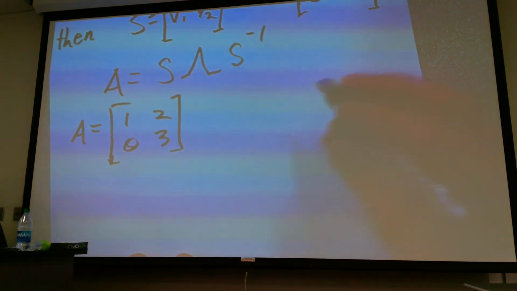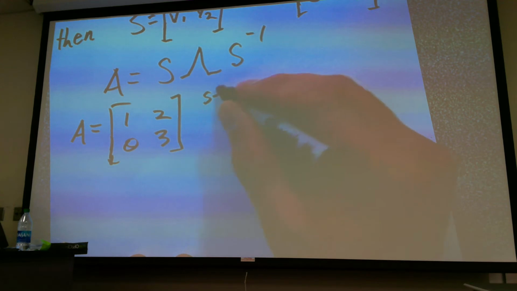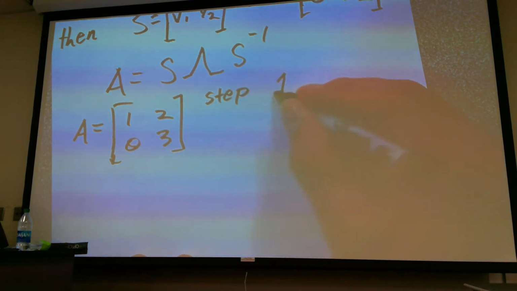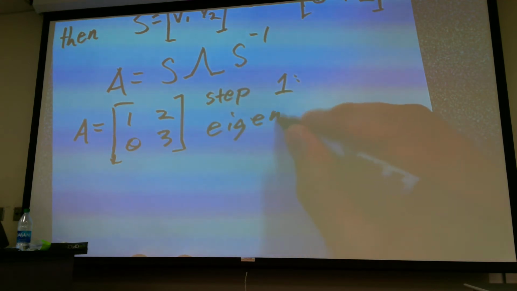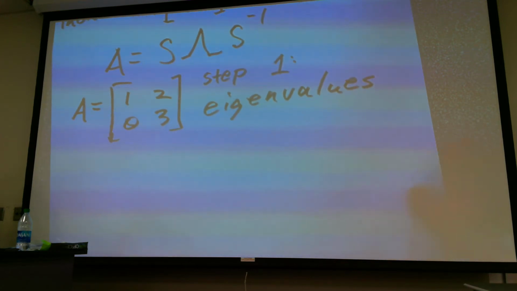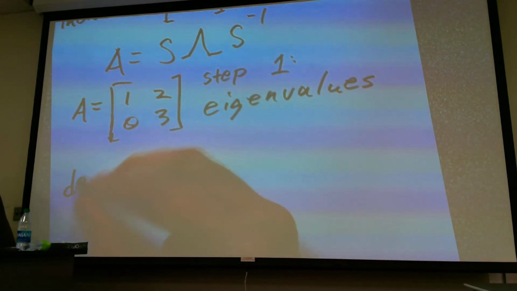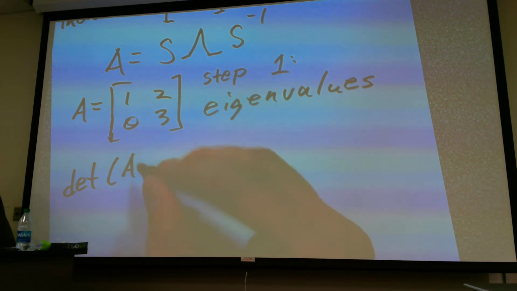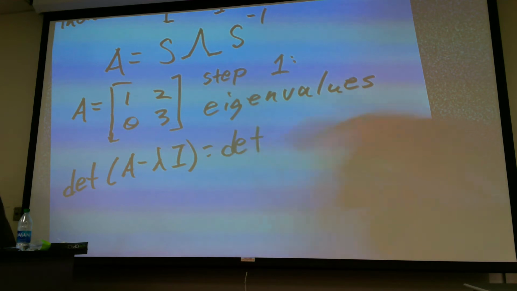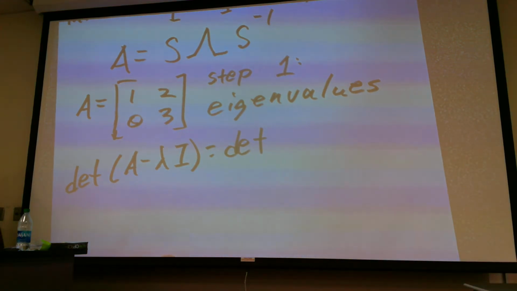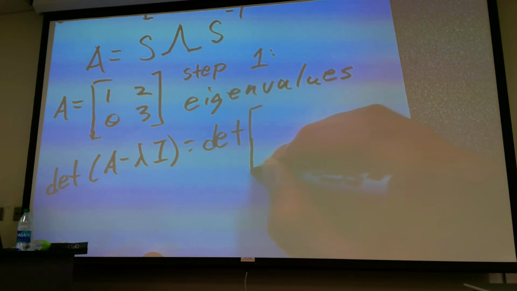So, step 1 is the eigenvalues. To find the eigenvalues, just like we were doing before, this is going to be the determinant of A minus lambda I. Now this one is upper triangular, so it comes out very nicely. So this is going to be the determinant of 1 minus lambda, 2, 0, 3 minus lambda.